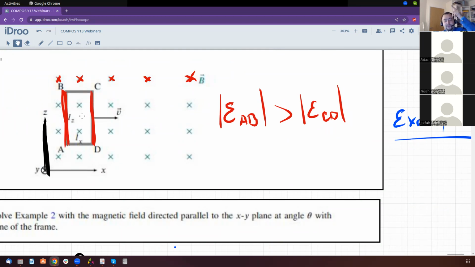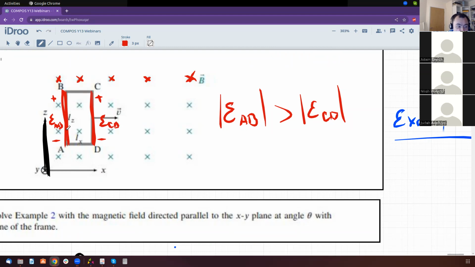So left-hand rule, the field is going away from me. The current, or positive charges, are moving to the right, and the force on a positive charge would be upwards. So you would have an EMF induced. This is plus and this is minus, plus and minus. So this is EMF AB, and this is EMF CD.